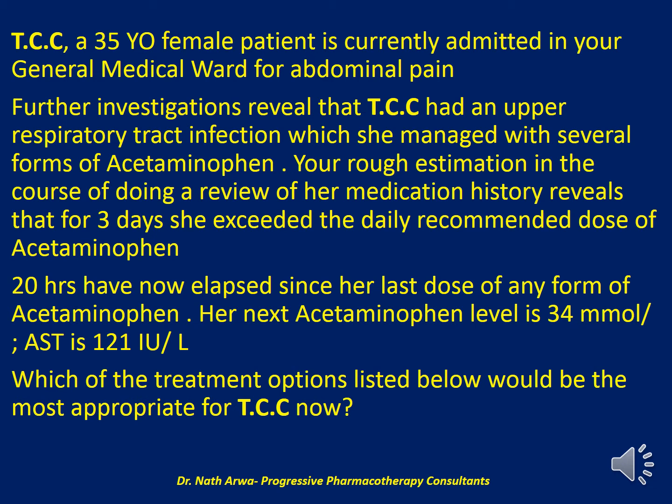Your rough estimation in the course of doing a review of her medication history reveals that for 3 days she exceeded the daily recommended dose of acetaminophen. 20 hours have now elapsed since her last dose of any form of acetaminophen or paracetamol, and her acetaminophen level or paracetamol level is 34.